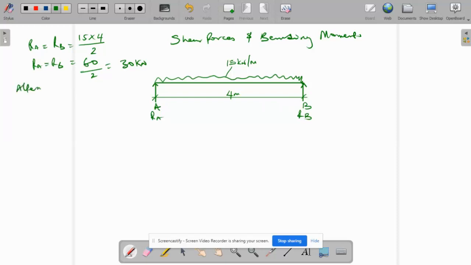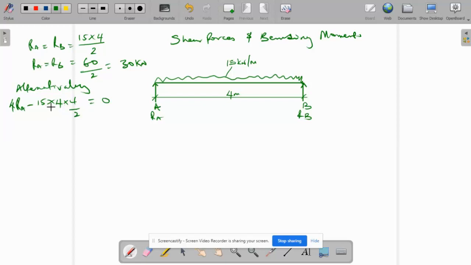Alternatively, we can find it by taking moment about B. RA multiplied by its lever arm, which is 4 RA, minus the total load. The load is 15 kilonewton per meter, so 15 times the spread, which is 4. The moment acts at the center, which is half of this, 4 over 2, and is equal to 0.